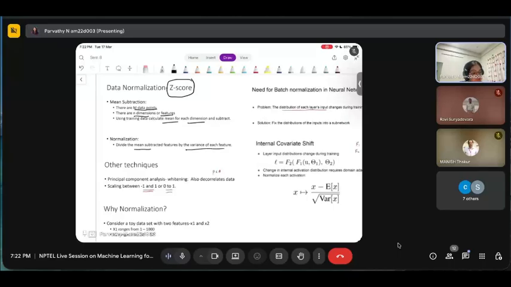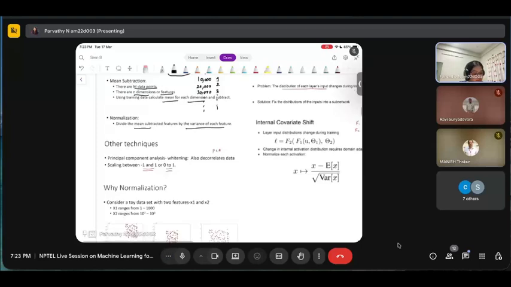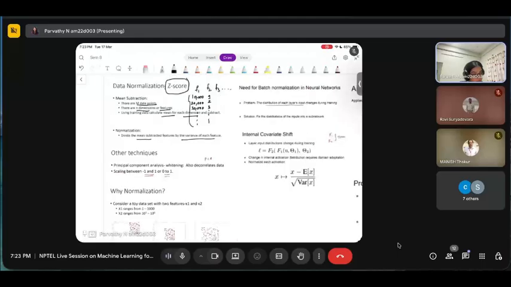So I have, say, feature 1, feature 2, feature 3, etc. Each of these features will have some values. So this is 10,000, this is 20,000, this is 30,000, etc. And then feature 2 will have values 1, 2, 3, etc. Now I take the mean of this one, so I get some mean mu1, and the mean of this one, I get some mean mu2.